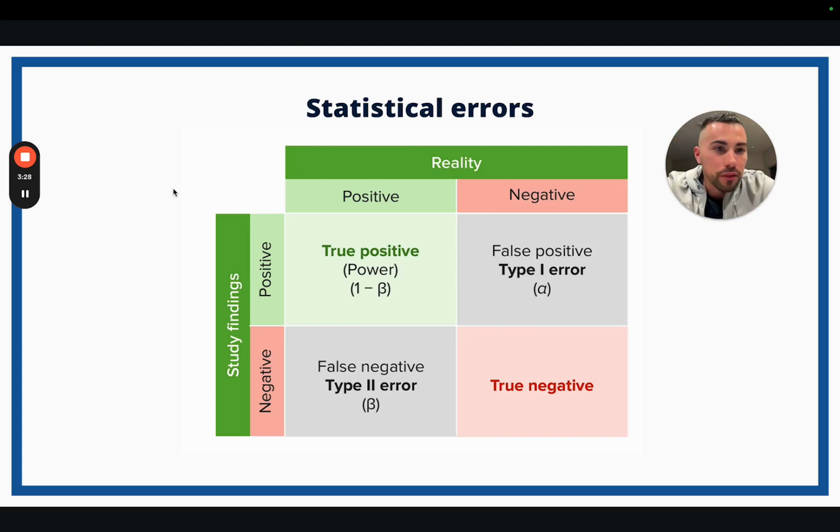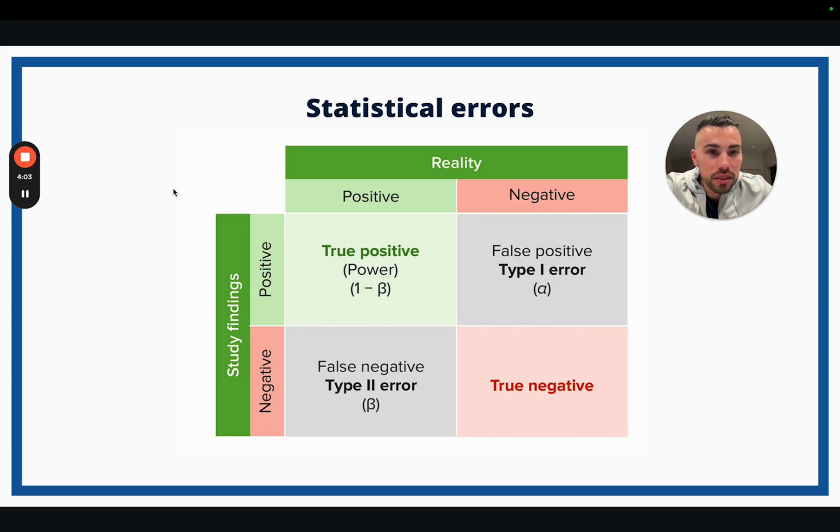The other side of the coin will be when our reality is showing us that there is an actual difference, but our study findings are negative. In other words, we're saying that there is no difference when in fact there is a difference between the groups. That will be a type 2 error, and that's maybe not that dangerous, because if we get a negative study, it's not going to change anything in society. We're not going to change our medical decisions with this.